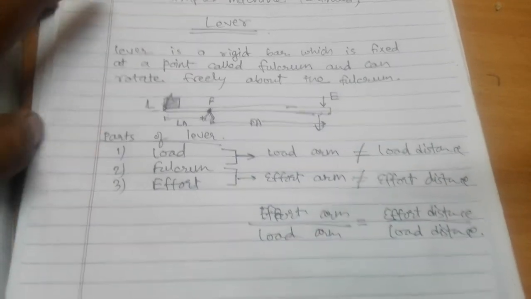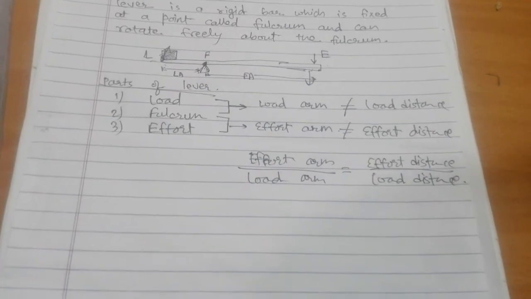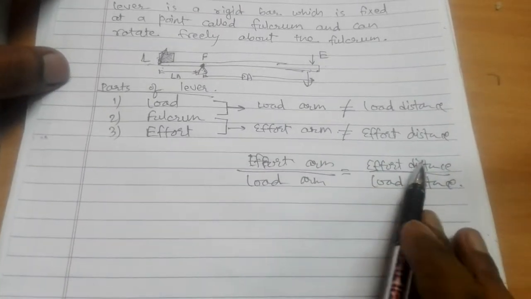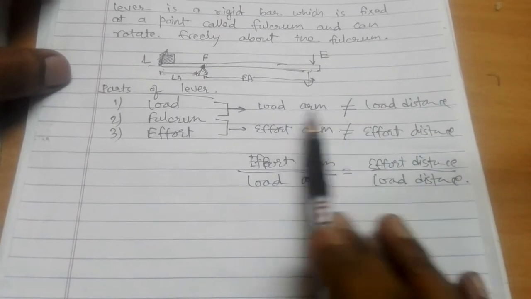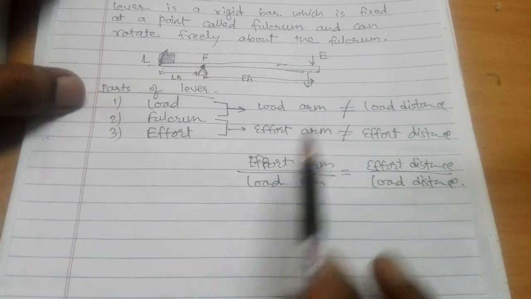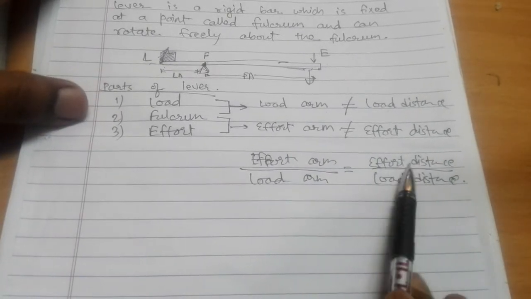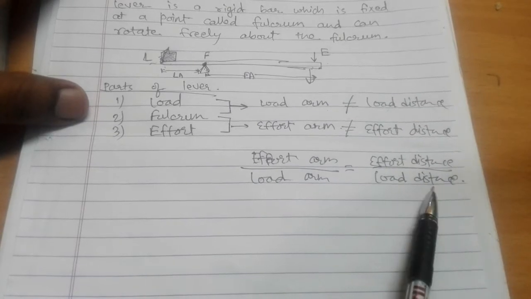Don't forget this. In a lever, effort arm and effort distance are not the same term. Load arm and load distance are not the same term. However, the ratio of effort arm to load arm is always equal to the ratio of effort distance to load distance.